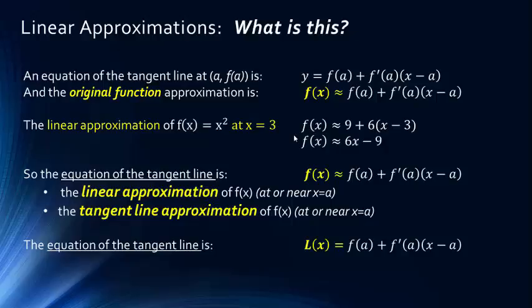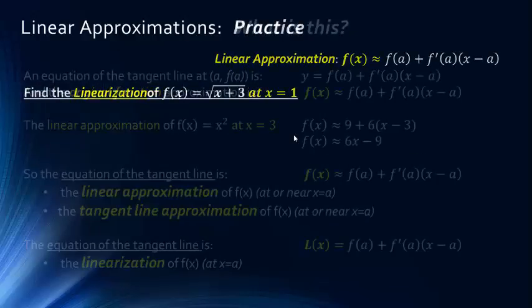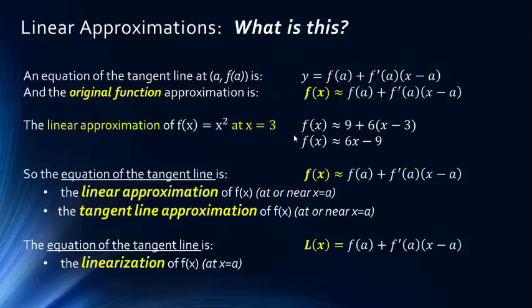We also can use the equation of the tangent line as what's called the linearization. Here you can see the notation is L of x, which is the linearization. Again, it gives you an equation near that point a that approximates the values near there using a linear approximation. The big difference is really notation.